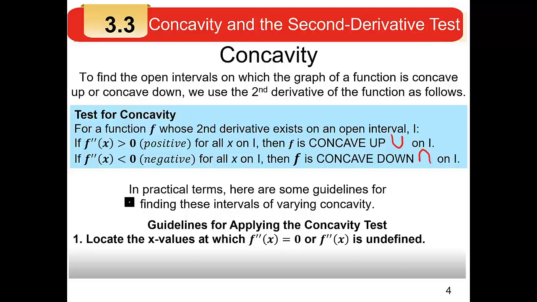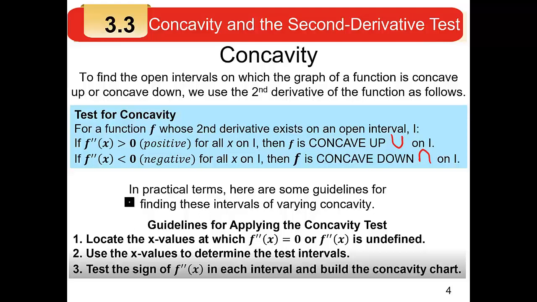Now you just extend that same procedure to the second derivative, where the second derivative is 0 or undefined. Then you'll use those x values to determine the test intervals. Again, think back to when you did increasing and decreasing intervals. That's exactly what you did. You were doing it with the first derivative. Here we're doing it with the second derivative. And finally, test the sign of the second derivative in each interval determined by step 2, and then build a concavity chart.